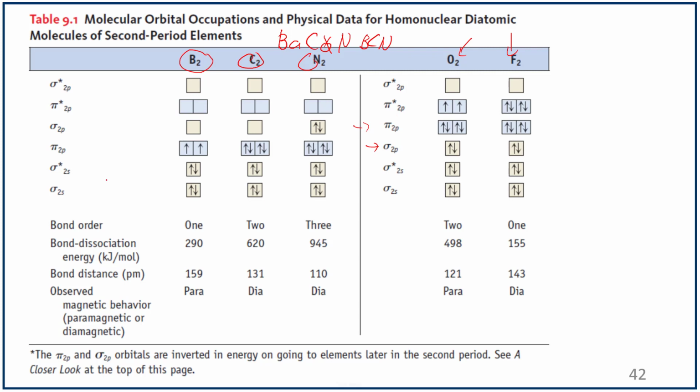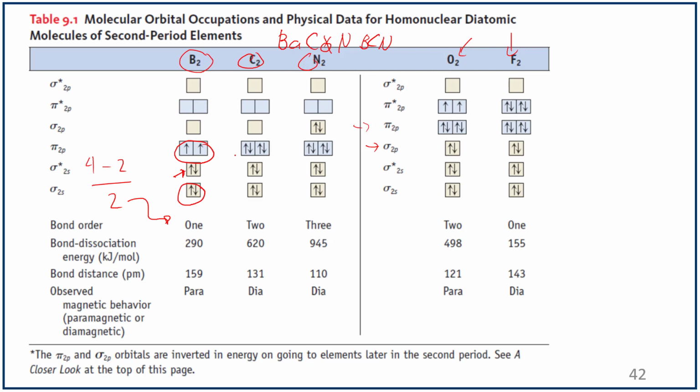So you can also calculate the bond order here for diboron. You have two bonding electrons there, also two bonding electrons there, so that's going to be 4, and then these are non-bonding, so 4 minus 2 divided by 2 gives you a bond order of 1.